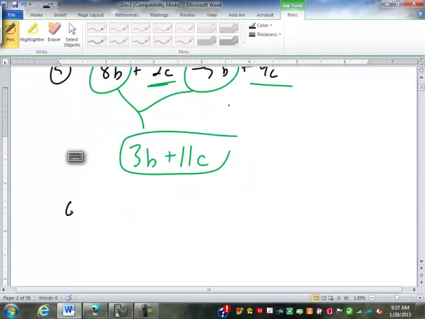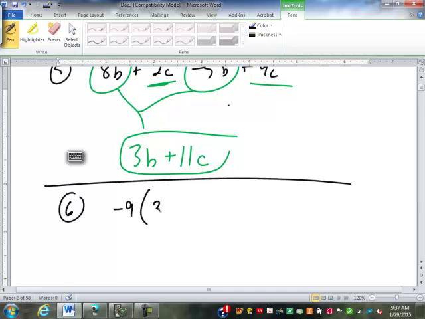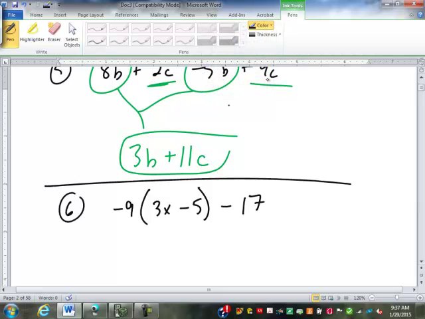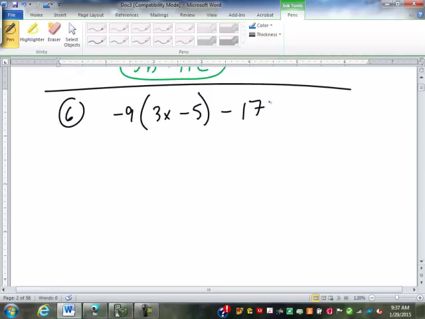Number 6. We see the parentheses, which tells us we have to do something there first. Can we combine what's in the parentheses? No. 3x and minus 5 can't combine. So is there anything we can do to the parentheses?